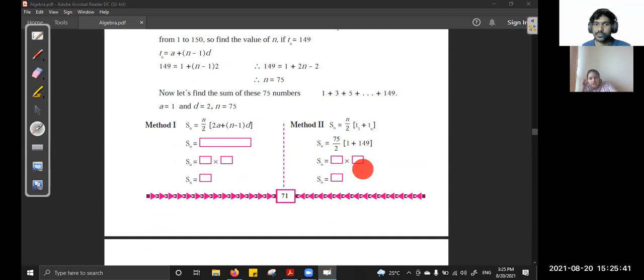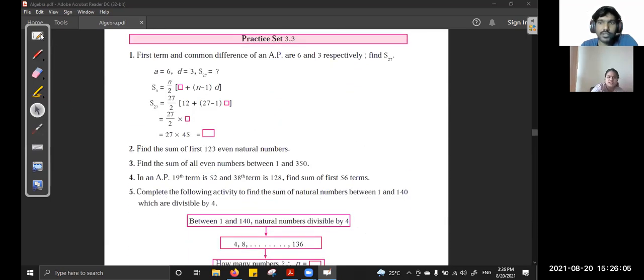We will be doing the first method also, because it's not possible to use the second formula in all places. If the last term Tn is not given, then you have no other option but to use the first formula. But you will get the same answer.